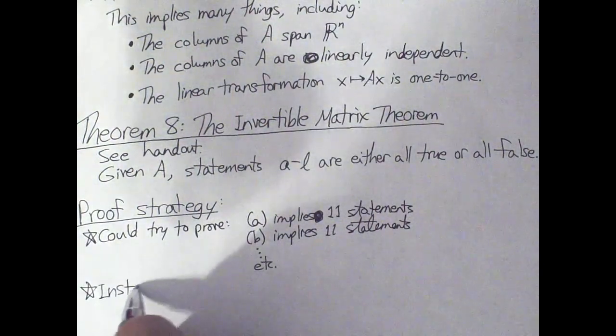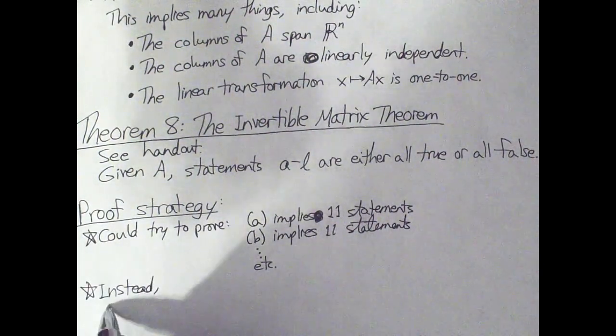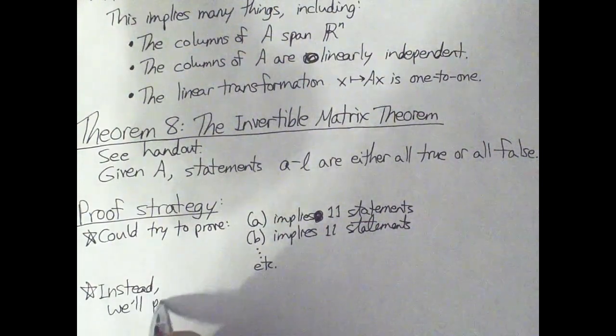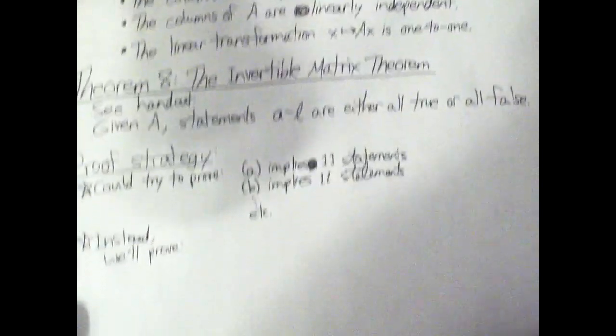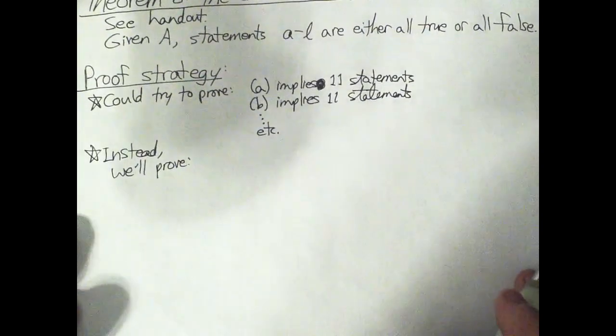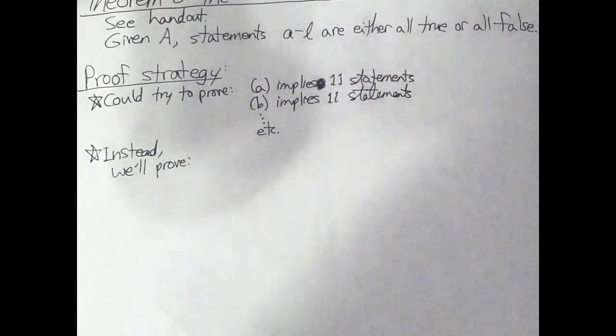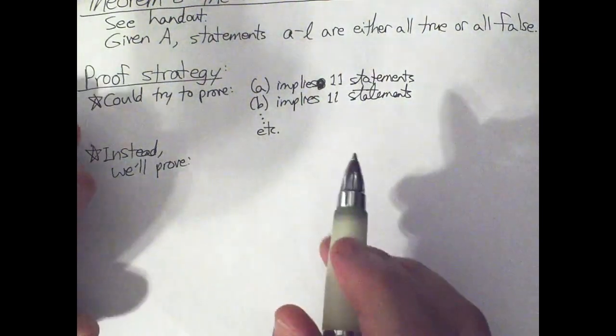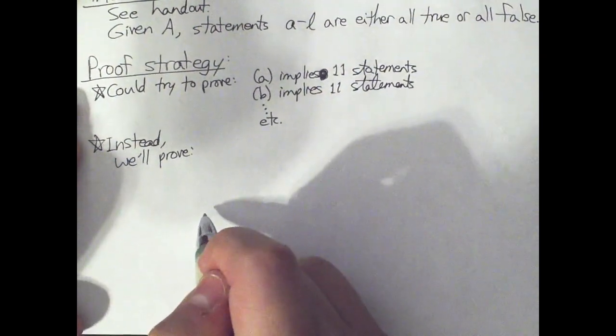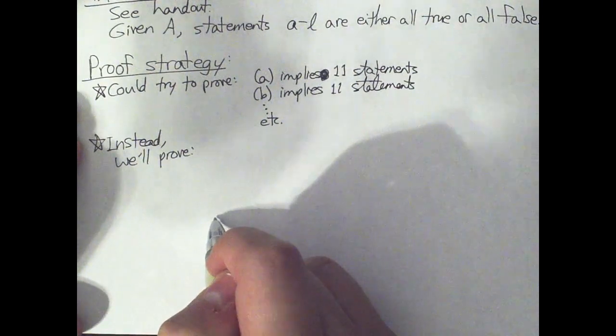Instead, the way that we're going to prove it is something that I'm going to show to you as a diagram. All right. We're going to say item A on the list.